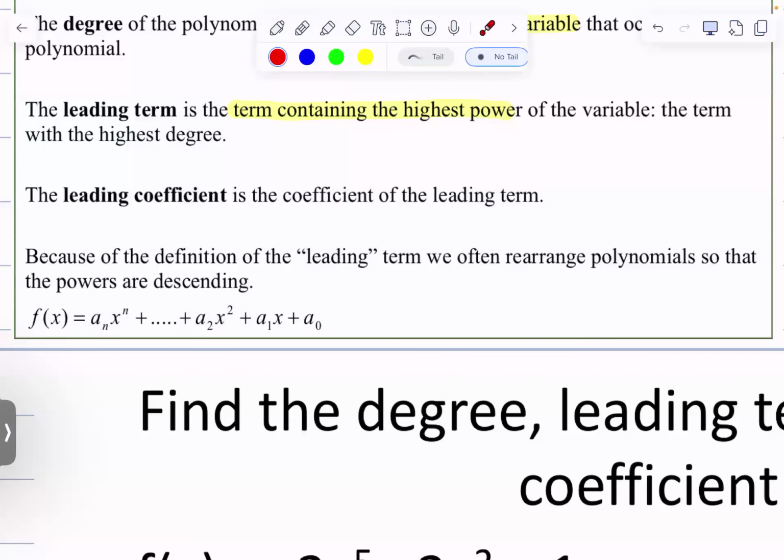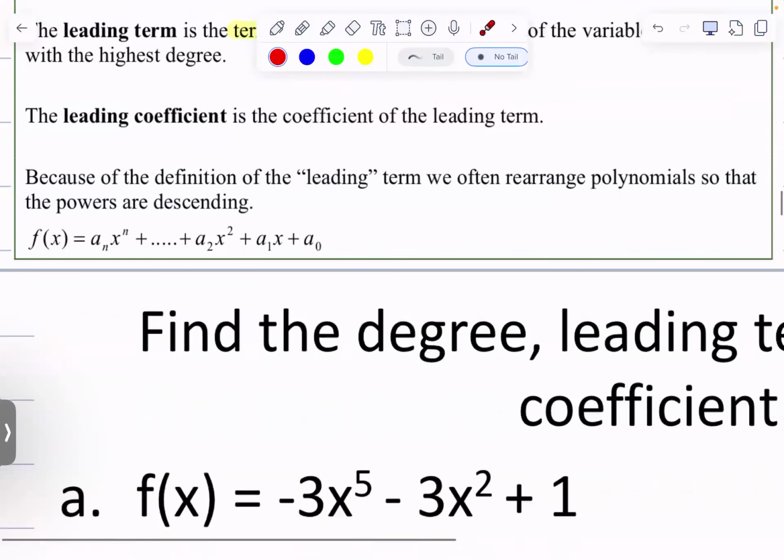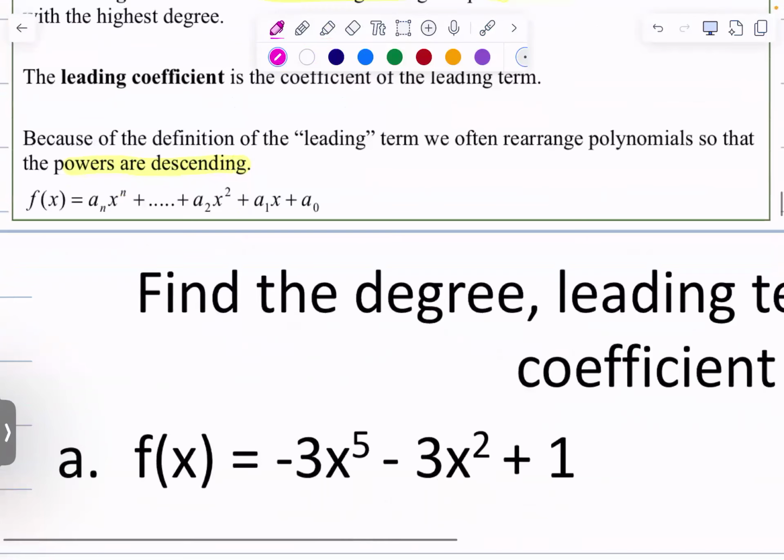For that reason, we usually write the powers in descending order, starting with the highest power and moving down to the lowest power. So we typically rearrange them to start with the highest power.